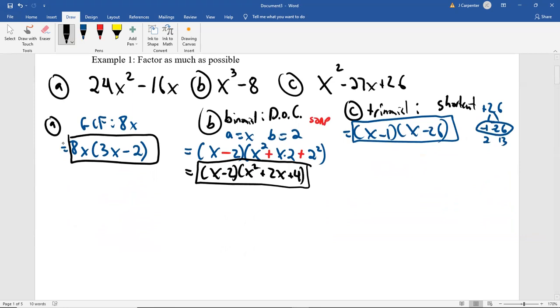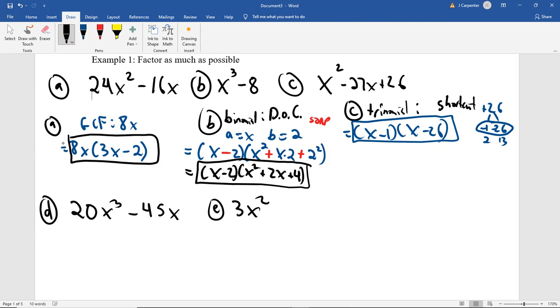All right, let's do some more. Let's do 3 more. Let's go with 20x cubed minus 45x, I think. Yes. E, we're going to go with 3x squared in the front.